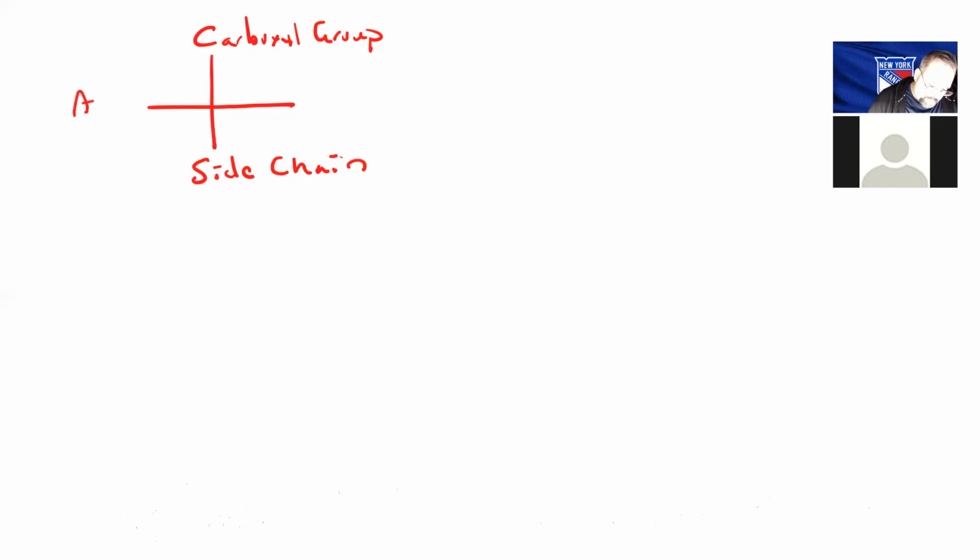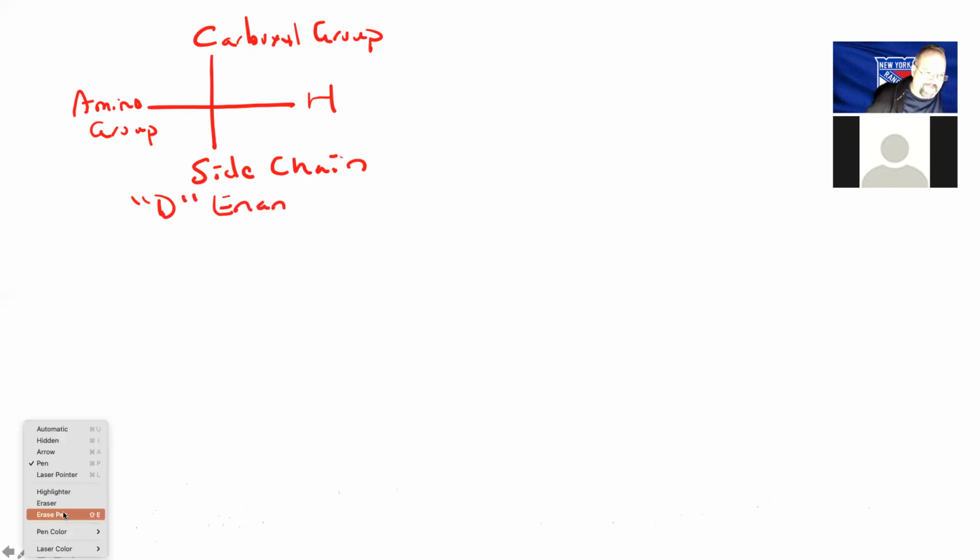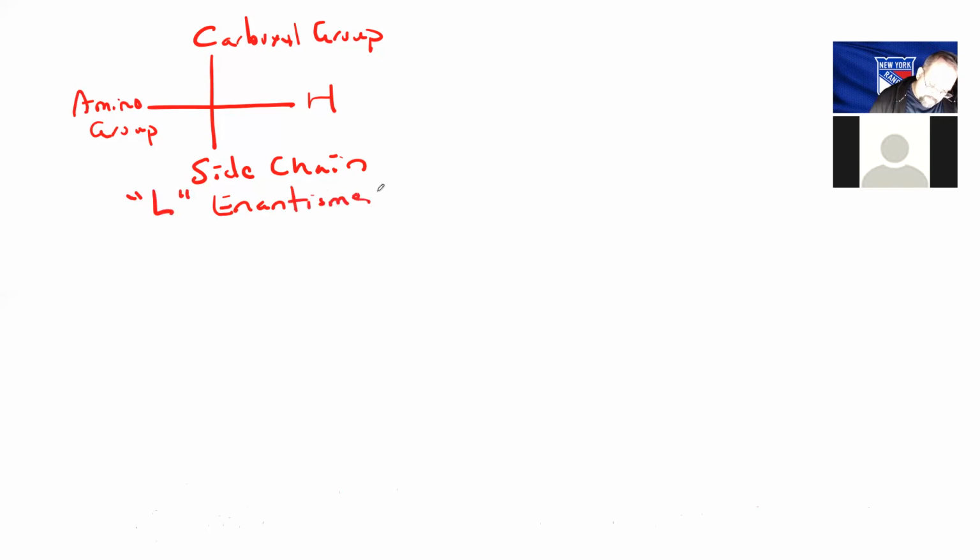So when the amino group is to the left, you have the L enantiomer.